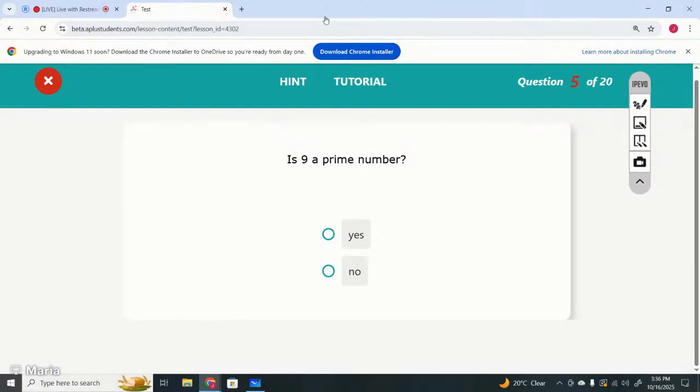Is 9 a prime number? No, 9 is not a prime number. Is 2 a prime number?